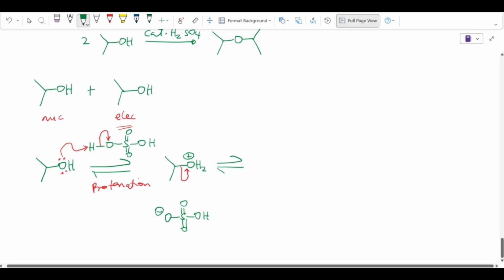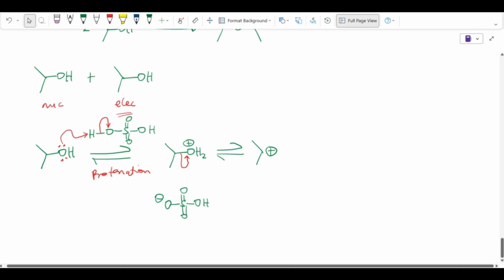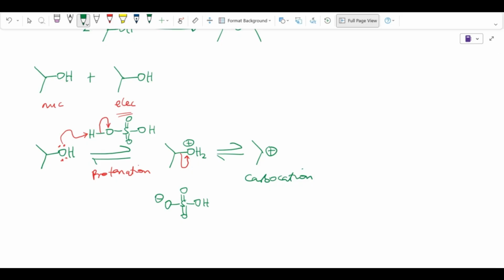The bond will break and you will form a carbocation intermediate. And that is your electrophile. And of course, the leaving group, when it leaves, will form a neutral, stable water molecule.